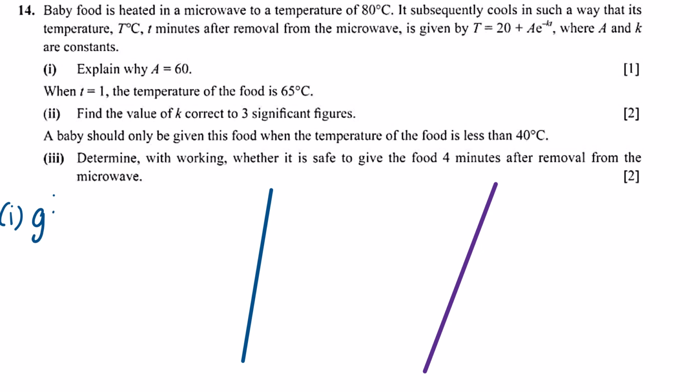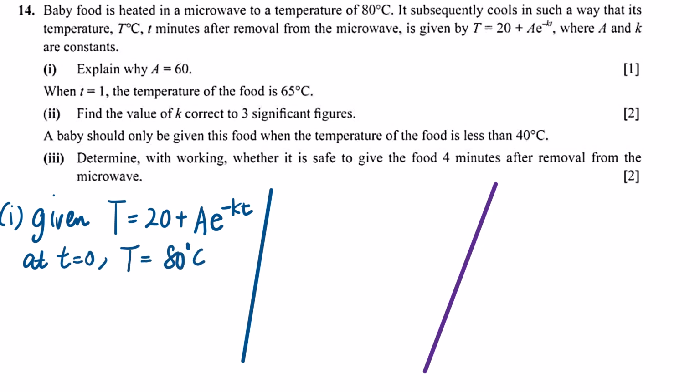Right, so when t is equal to 0, you have to understand that t represents the time after you remove the baby food from the microwave. So when t is equal to 0, that means the baby food is still in the microwave with a temperature of 80 degrees Celsius.